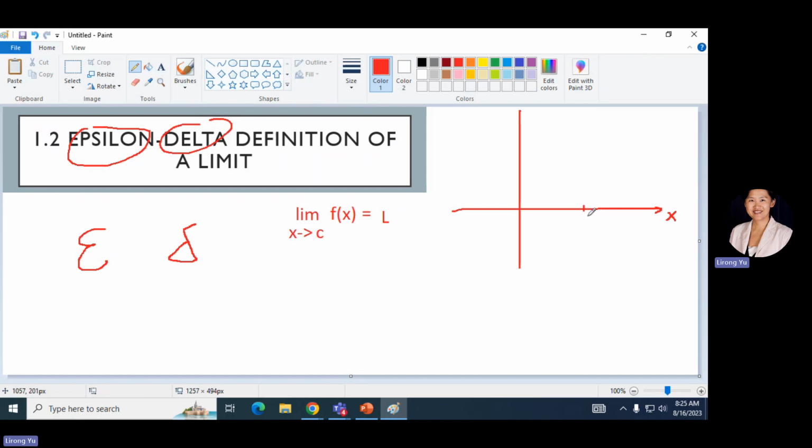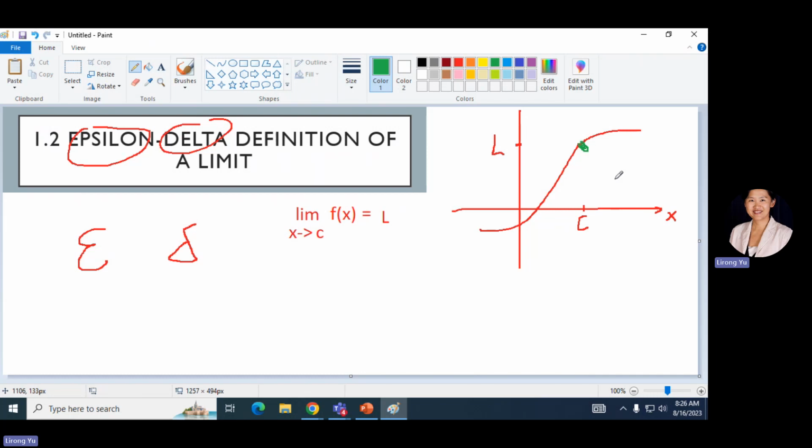Here you go, the c, and here you supposedly have the L. And if the function behaves kind of like this, that's where you see possibly a limit point.